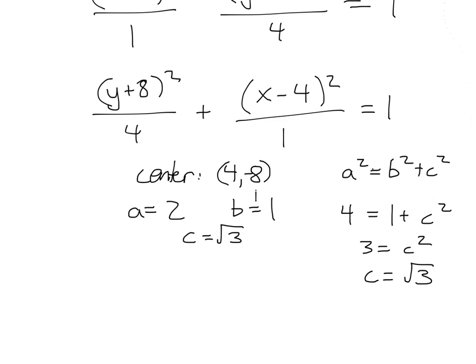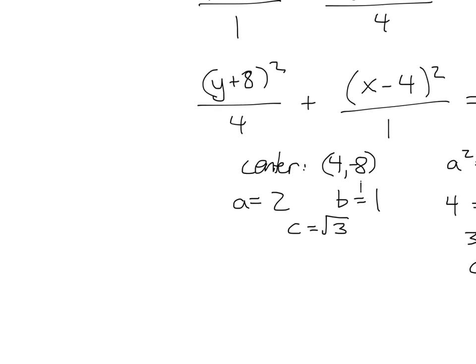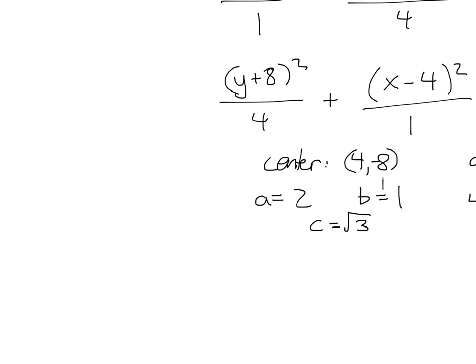Now remember we said this was an ellipse on the vertical axis, so that means that a is the distance for the major axis, and that's going to change the y value. So we're just going to add 2 to the y value of the center. It's the center plus 2 and the center minus 2.